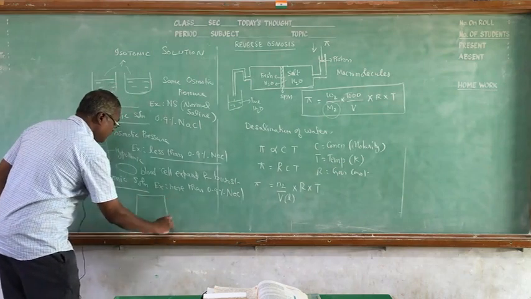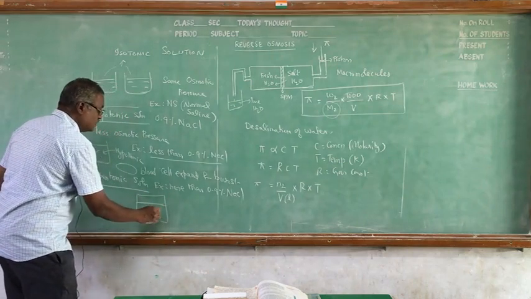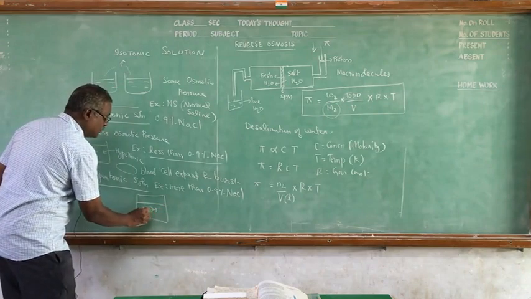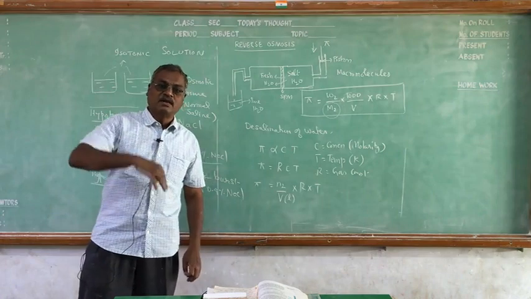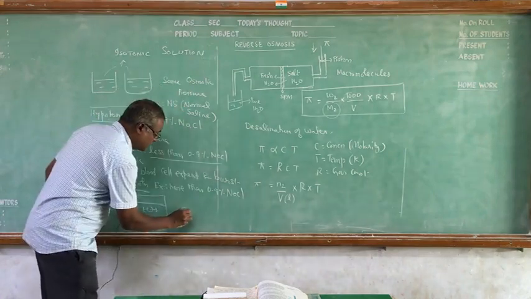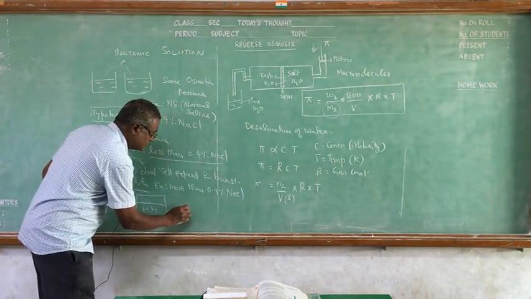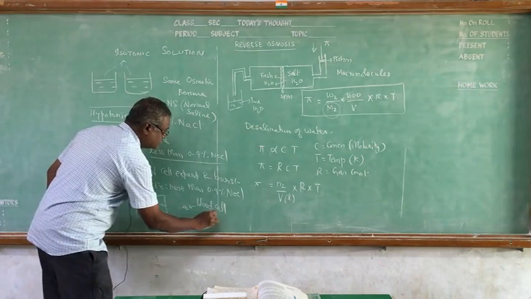If I keep a blood cell inside that, what happens? The solution will come out, because the outside solution concentration is more. So from the blood cell, the solution will come out into the outside solution. Then the blood cell shrinks.